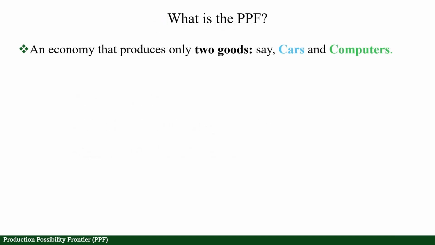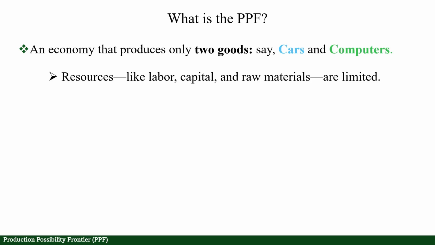At first, we would like to know what the PPF is. An economy can produce only two goods, just for example, cars and computers. But there are other resources like land, labor, capital, and different types of raw materials which are in very limited supply. That is what we call scarcity.